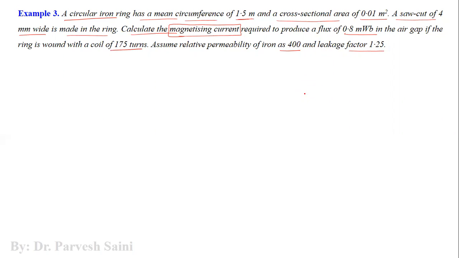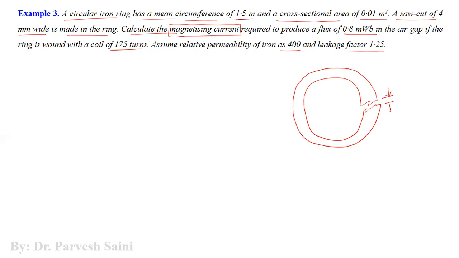So this is an iron ring. So it has an air gap of like something like this. And the length of this air gap is 4 mm, right? So Lg is 4 mm, right? So this coil has some number of turns on it.